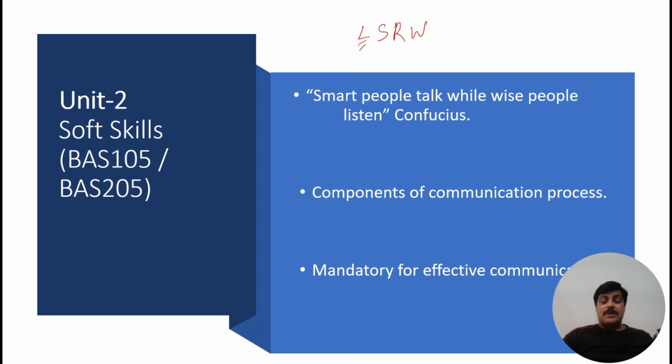So wise people believe in listening more. Listening is also one of the most important components, or you can say elements of communication process, right? Because without listening there cannot be communication.